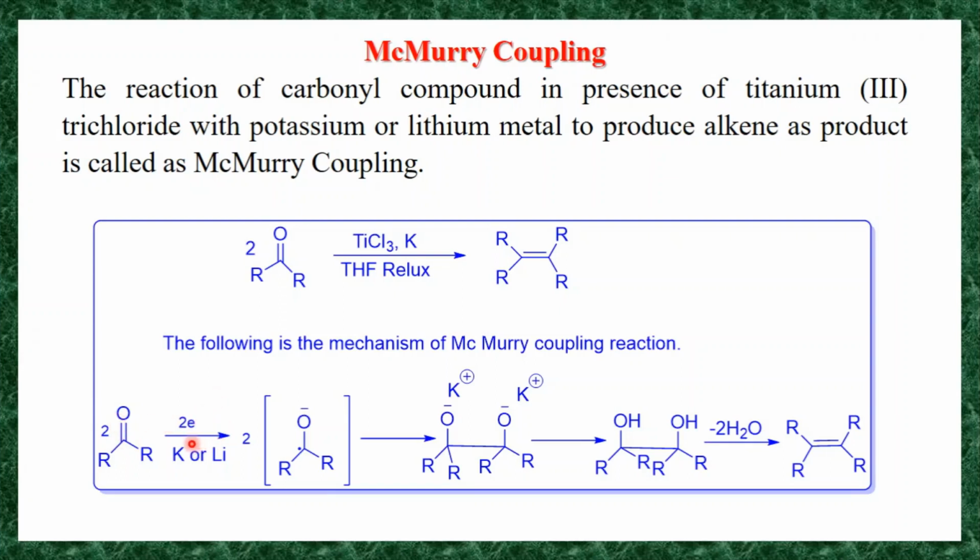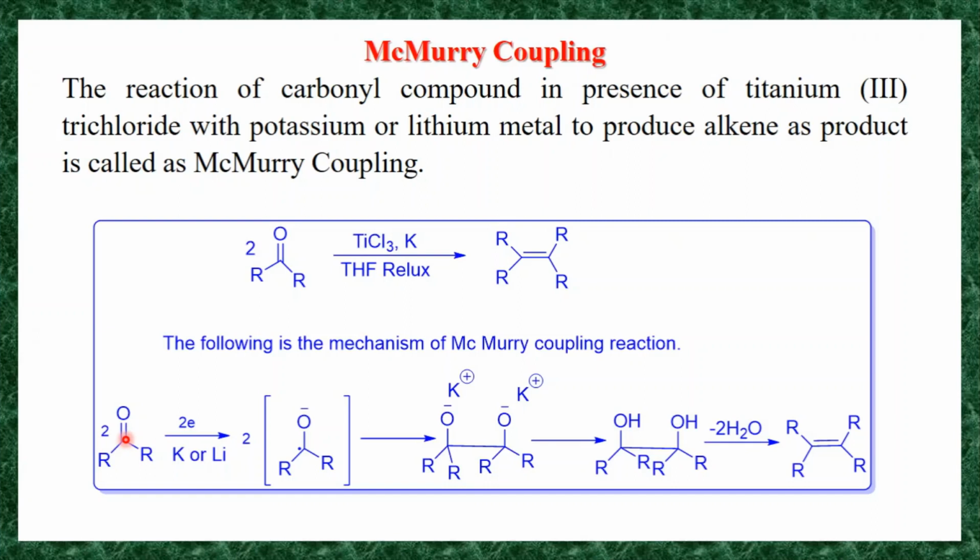So this potassium and lithium both have 1 electron in the outer shell. Here, consider potassium metal. It oxidizes, it will give its electron, and that electron will attack this carbon of your carbonyl compound.